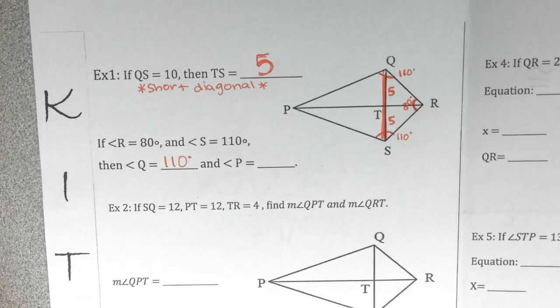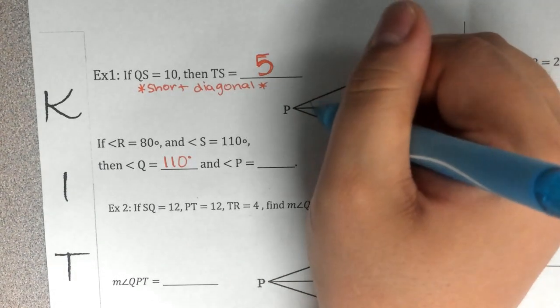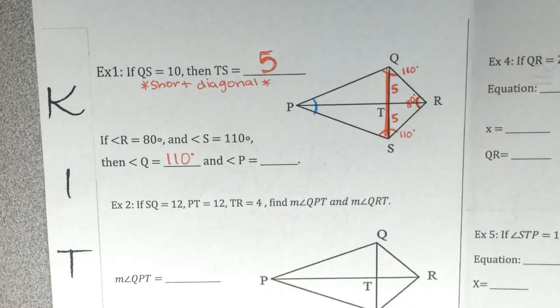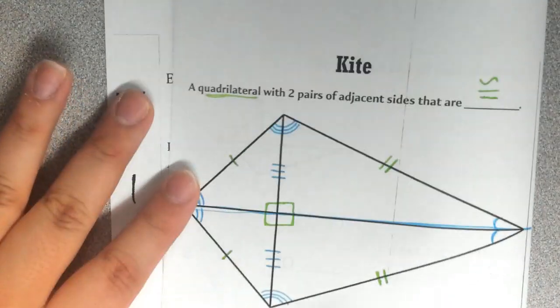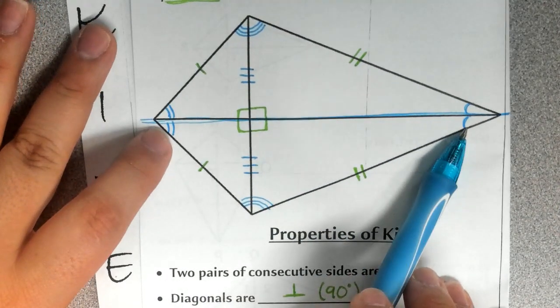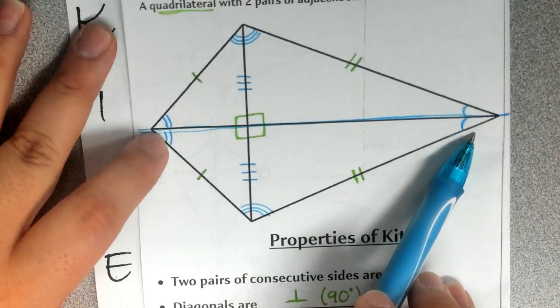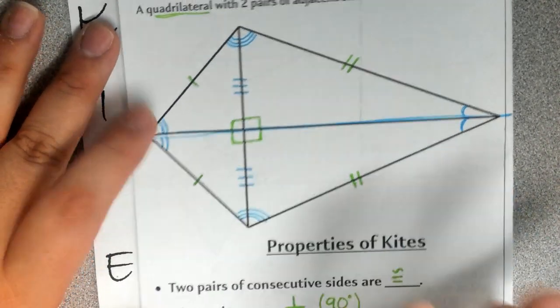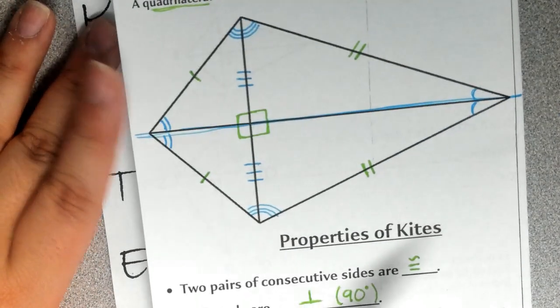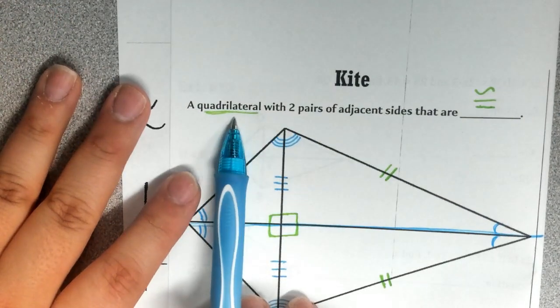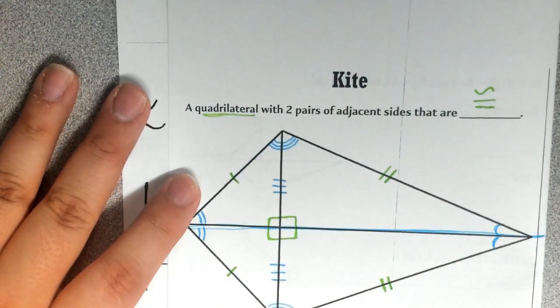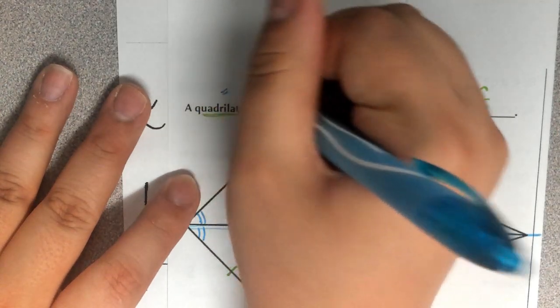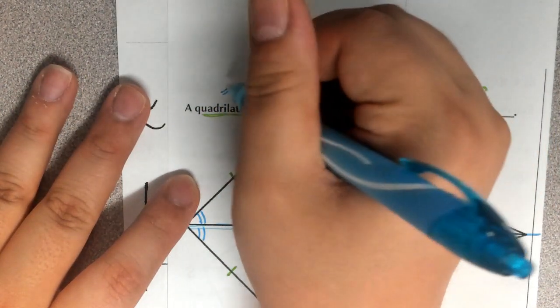How do I find angle P right here? It's not the same. So these two angles right here, you see how this has one arch and those have two? They are not going to be the same on a kite. But a kite is a what? What does a quadrilateral add up to? 360 degrees.